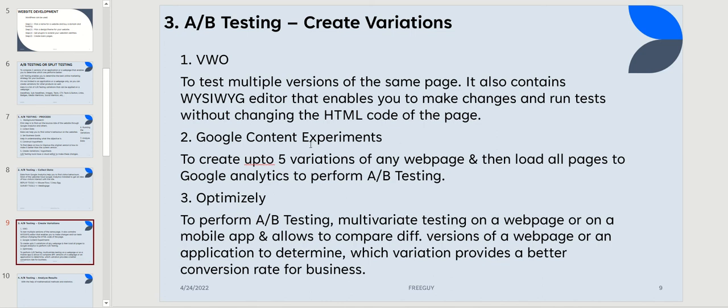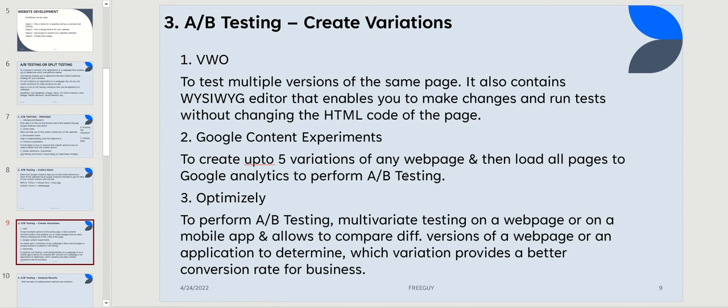And Google Content Experiments, which has also been discussed just now. Google Content Experiments is used to create up to 5 variations of any web page and then load all pages to Google Analytics to perform the split testing.